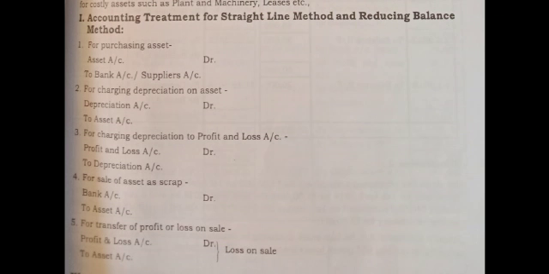When you are selling those products, the entry should be bank account debit to asset account. The last entry is for transfer of profit and loss on sale. If it is a loss, profit and loss account debit to asset account. These are the various journal entries followed under depreciation accounting.